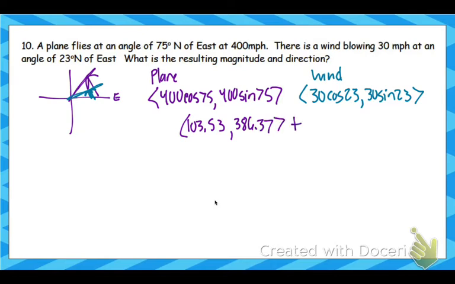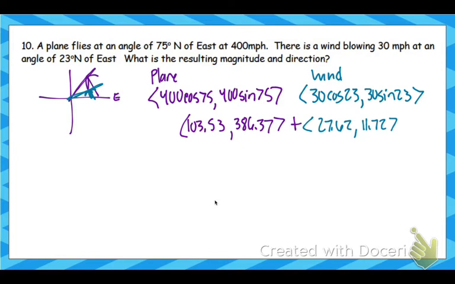Add that to the wind. I've got 30 cosine 23 and 30 sine of 23. Once I have those two component forms, then I can go ahead and add those together. So do the x's together, 103.53 plus 27.62.